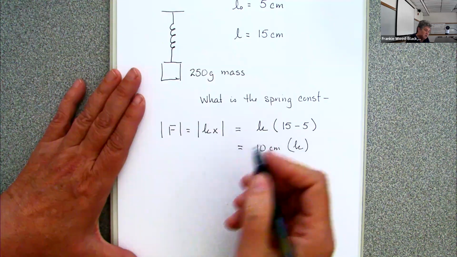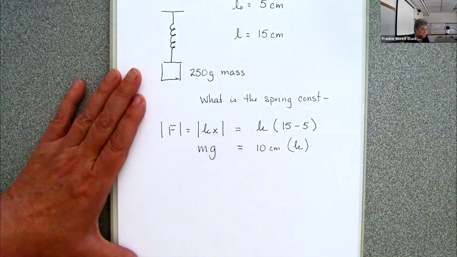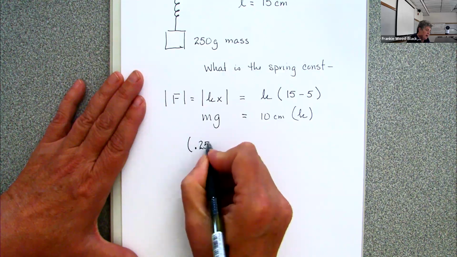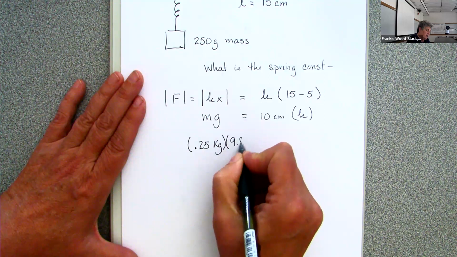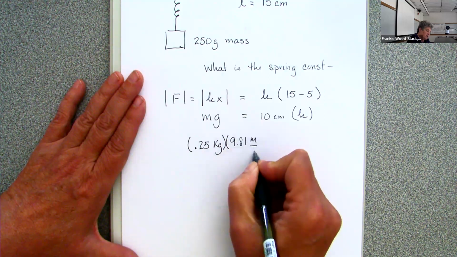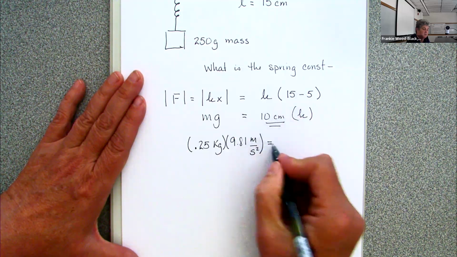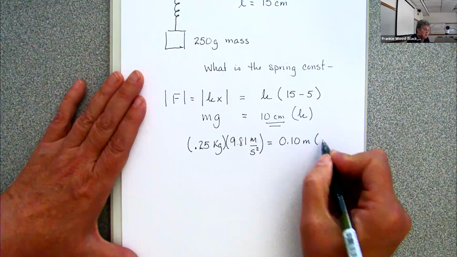But my force is going to be my mass times gravity. So this is going to be 0.25 kilograms, 9.81 meters per second squared. So I need to convert that to meters. So that's going to be 0.1 meters.